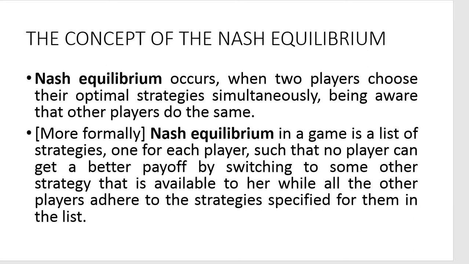More formally, Nash equilibrium in a game is a list of strategies, one for each player, such that no player can get a better payoff by switching to some other strategy that is available to her, while all the other players adhere to the strategy specified for them in the list.